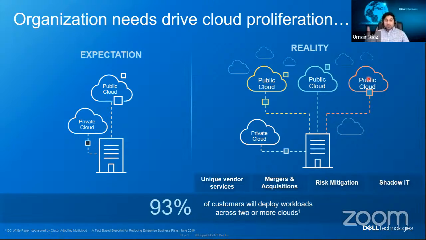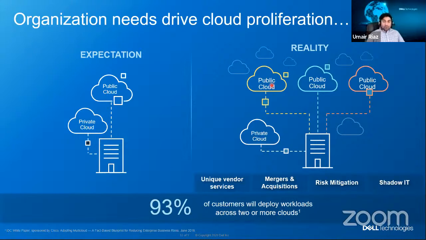And based on a study that was done by IDC, they're saying that any customer who is serious about cloud and who has implemented a private cloud themselves, 93% of them are running workloads in more than 2 clouds. So by default, we're seeing this, right?